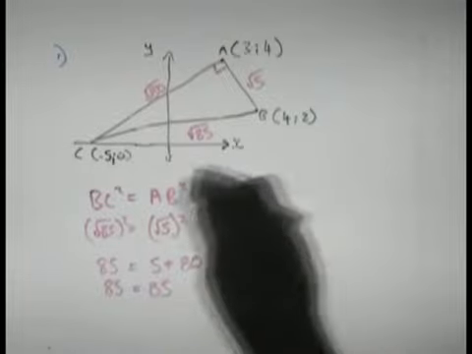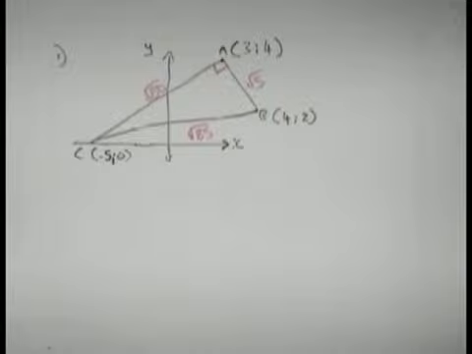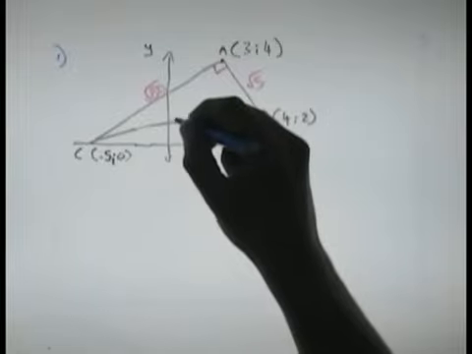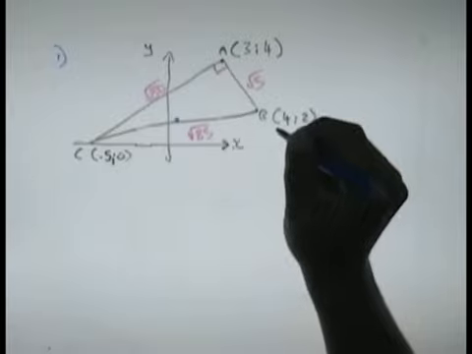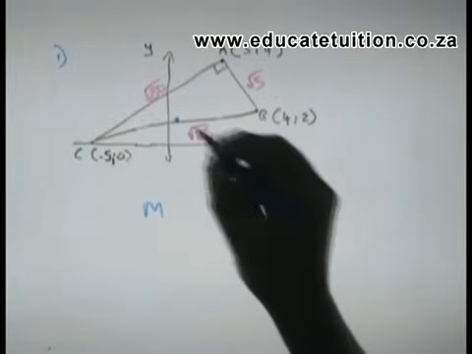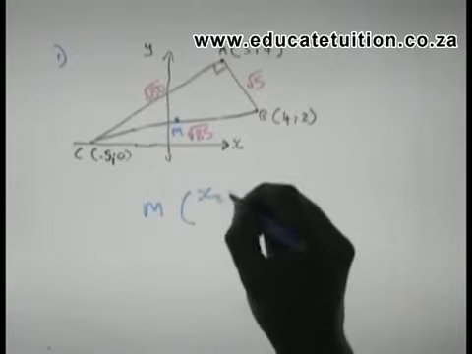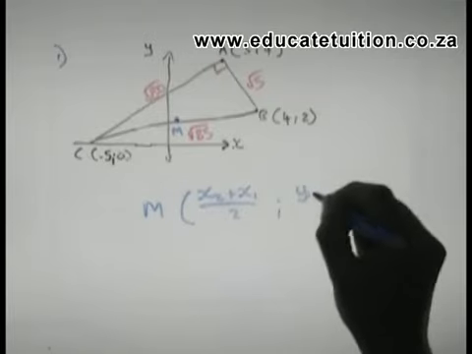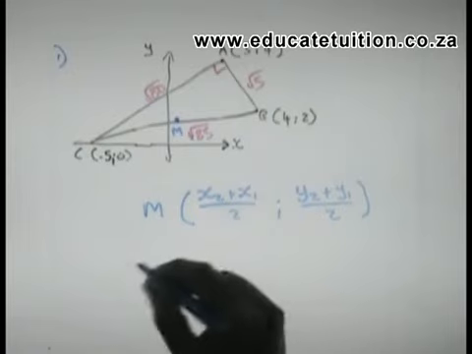The next one asks us, what are the coordinates of M, the midpoint of BC? So M, the midpoint of BC, I'm guessing it's going to come somewhere over there. Remember that the midpoint's x value is given by x2 plus x1 over 2, and the y coordinate is given by y2 plus y1 over 2.